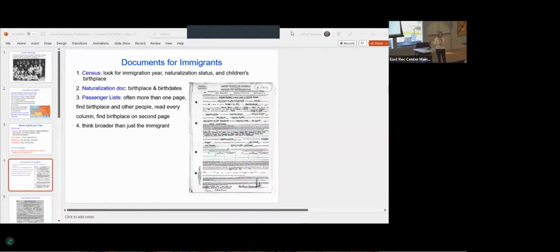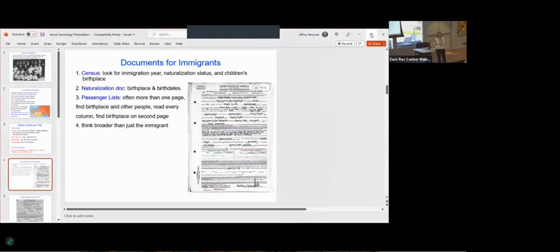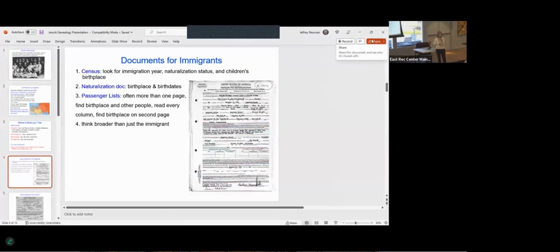You want to look both ways, but mostly going forward for the other documents that may be there, because otherwise you may be missing really good information. And that's another thing that's really good to know in the beginning, so you don't have to go back and do it later.